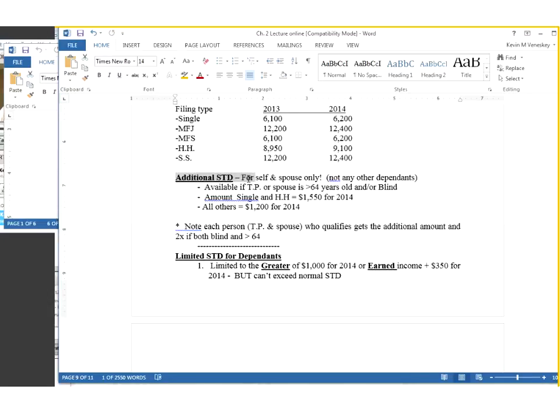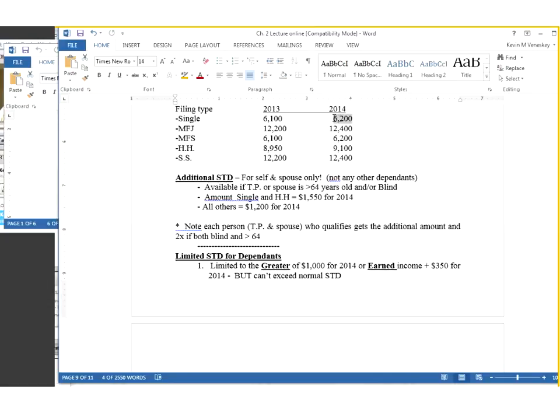This additional standard deduction, that's only for yourself and your spouse. Nobody else, as your dependents are not able to help you out in this situation. If either you or your spouse is over 64, or either you or your spouse is blind, you get to take one of these two amounts, depending on your filing status, and add that to the base number here.